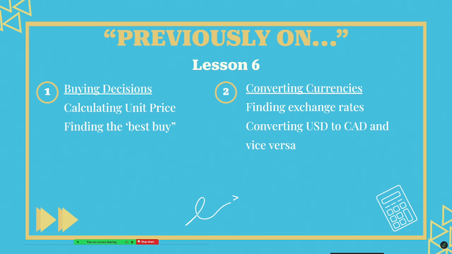We learned how to find exchange rates, as well as how to convert American to Canadian and vice versa. We also learned how to set up those ratios so that we can convert any currency. Yesterday's lesson focused solely on American and Canadian dollars, but the process we use to convert can be used for any currency.